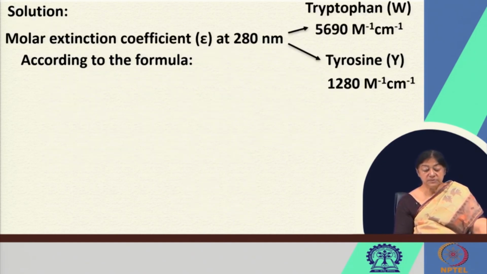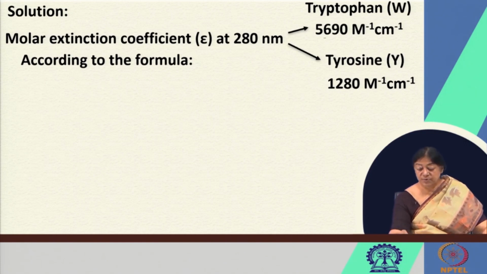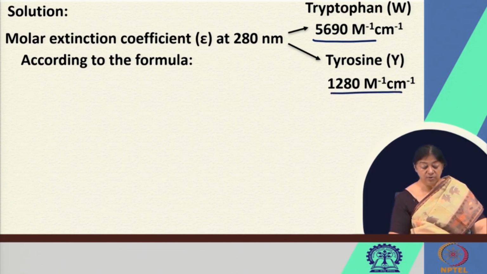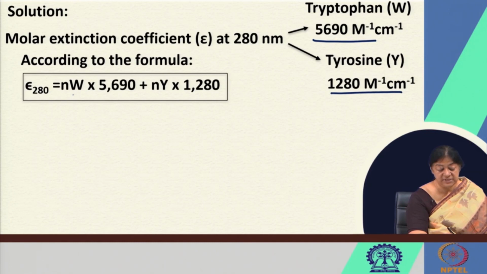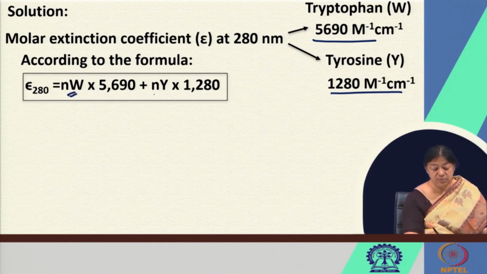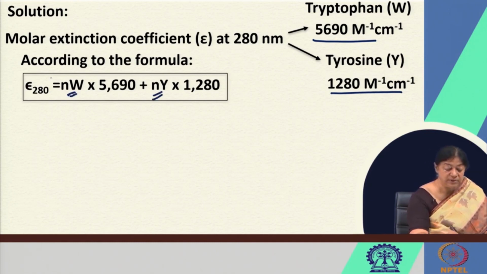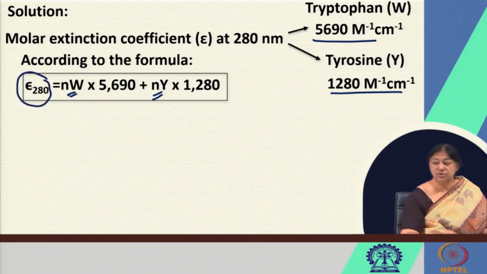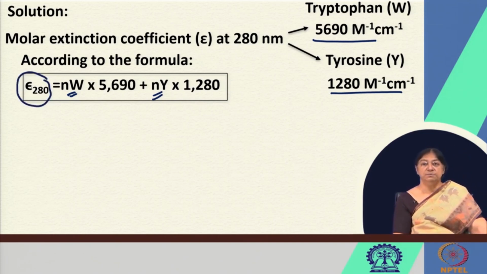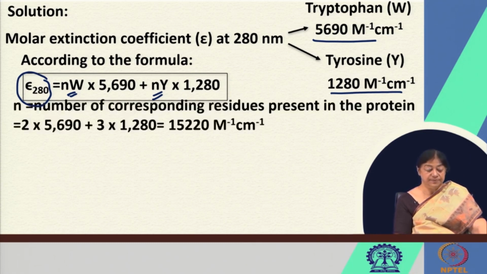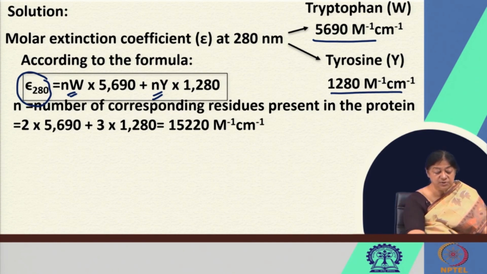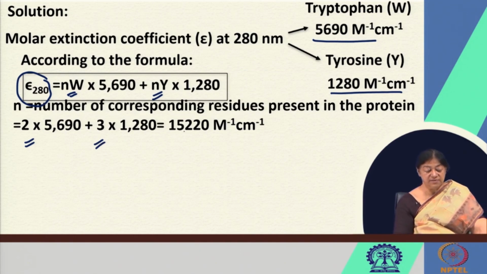So, the molar extinction coefficient for tryptophan is this, and for tyrosine is this value. According to the formula we looked at previously, with the values of NW and NY here, we can find the extinction coefficient for this particular peptide. The number of corresponding residues is 2 tryptophan and 3 tyrosine, and there is our value.